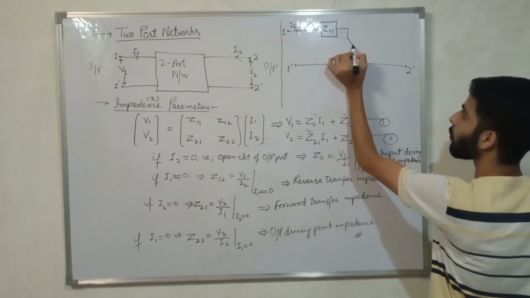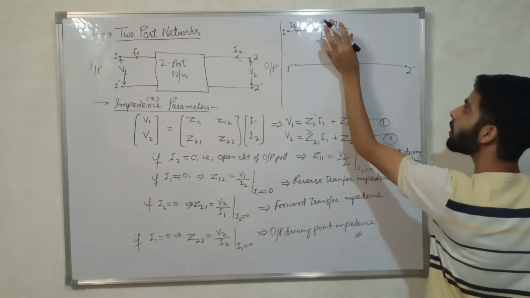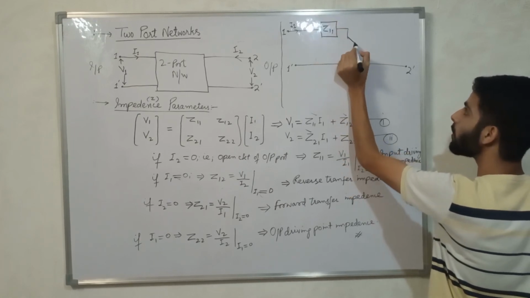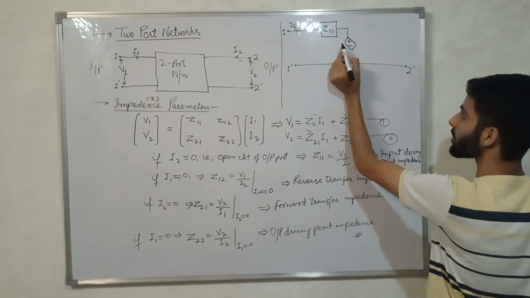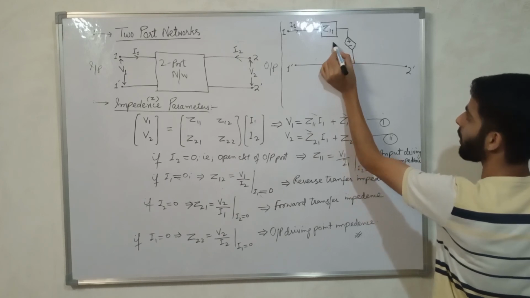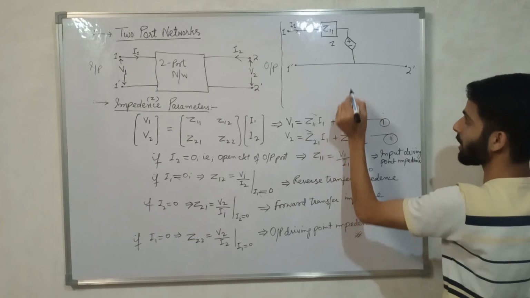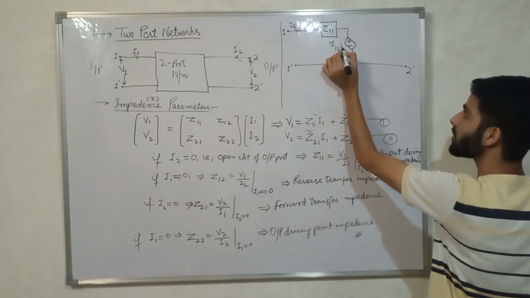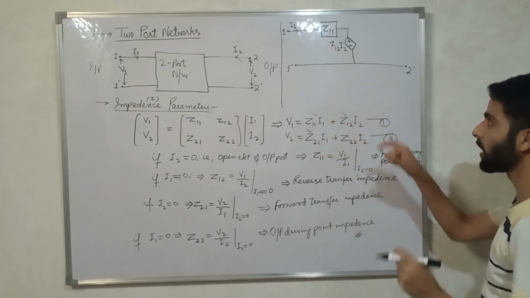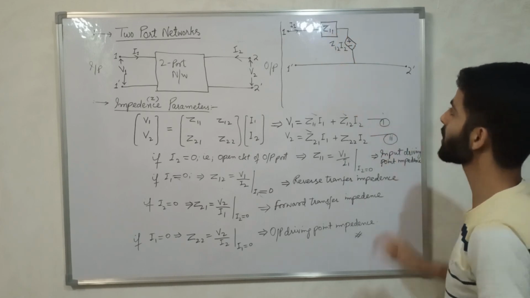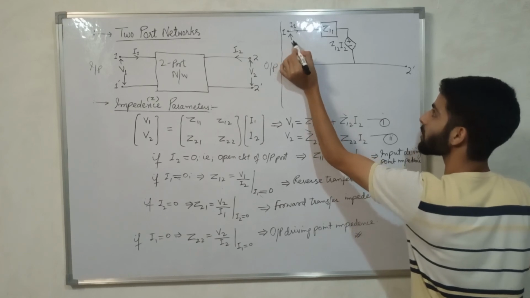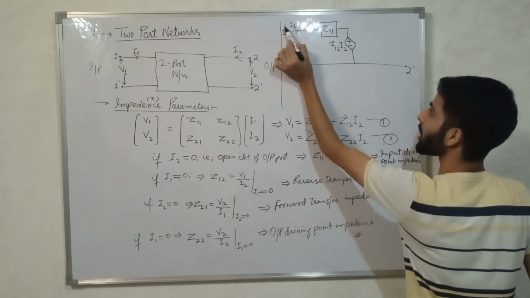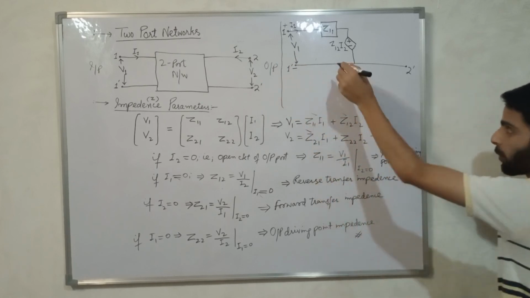This is only impedance, and this becomes the voltage source. Here the voltage is V1 between those 2 points, with positive terminal, negative terminal, at the input.